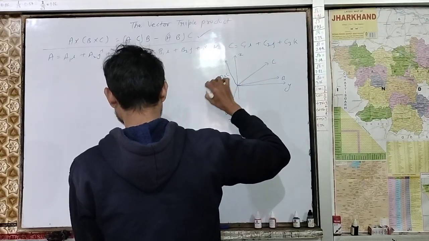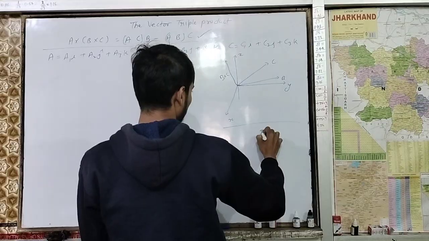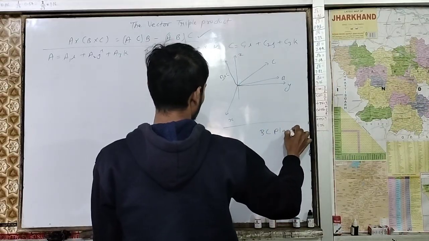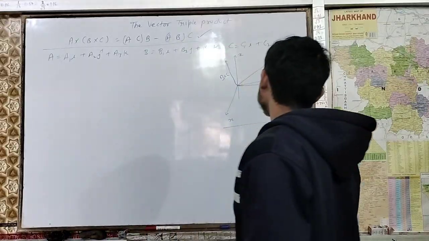B cross C, and the plane is the BC plane.